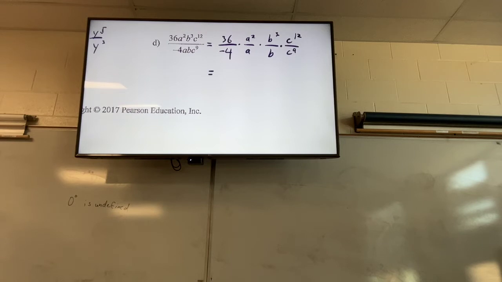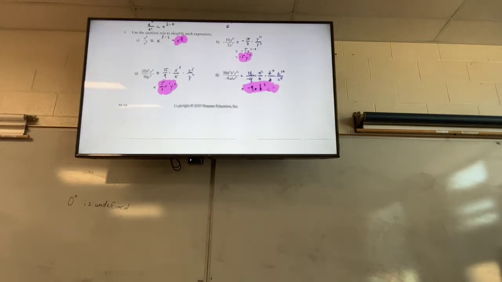So 36 over negative 4 is negative 9. A squared over a is what, Charlie? Just a. And then Sheldon, what's b cubed over b? B squared. Emily, what's c to the 12 over c to the 9? Yeah, good job. So, congratulations, you know how to subtract numbers in your head.